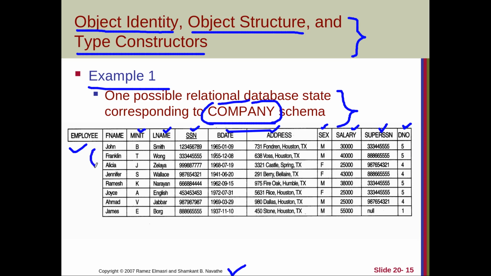You can see a number of employee names, their social security numbers, birth dates, addresses, salary, and their supervisor's social security number. One of the employees, James, does not have a supervisor, so maybe he is the authority. These are the different department numbers in which they are working. This is the normal relation table representation under the company schema, which consists of a number of tables, and employee is one among them.